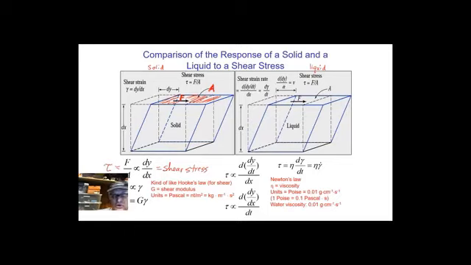There are far too many S's in this development, and there's nothing I can do about it. The other S that exists here is strain, shear strain. This is gamma. This is dy by dx.